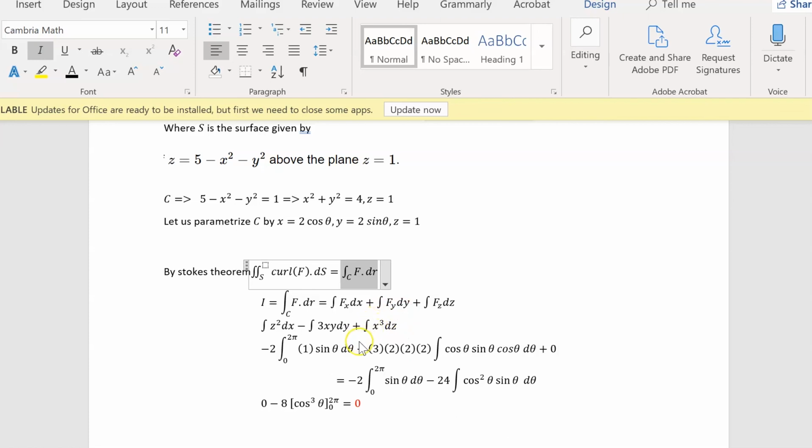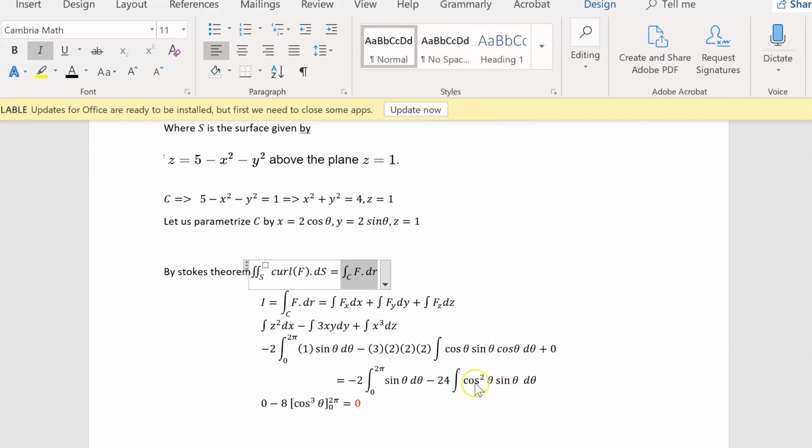So in the end, we come to negative 2 times sine theta from 0 to 2 pi, and this becomes 3 times 2 times 2, which is 12, so negative 24 cosine squared theta sine theta d theta.